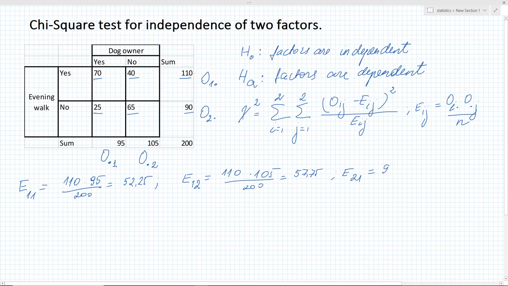E21 is the sum of the second line times the sum of the first column divided by n, and E22 is the sum of the second line times the sum of the second column divided by the sample size.